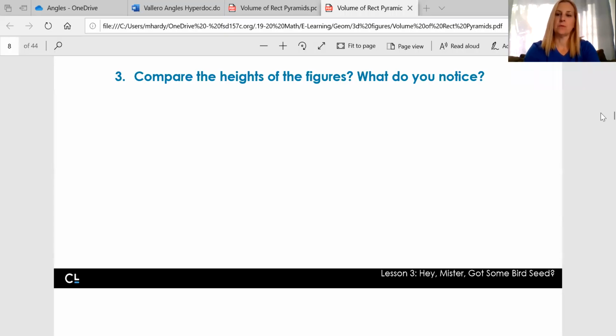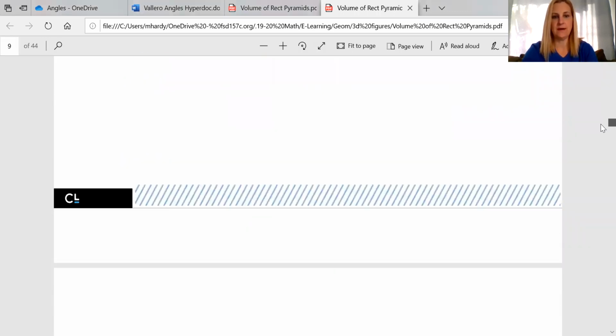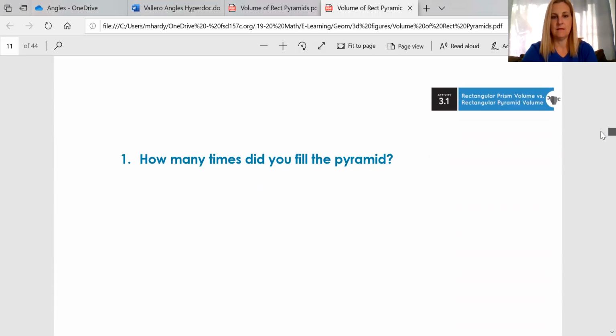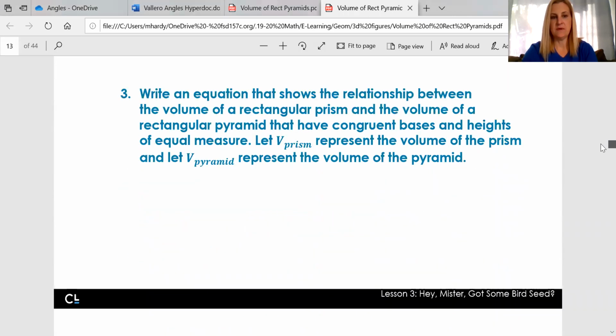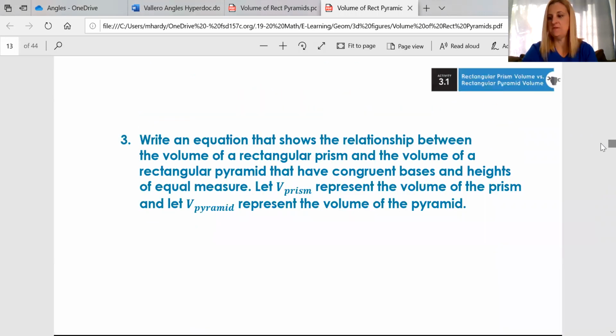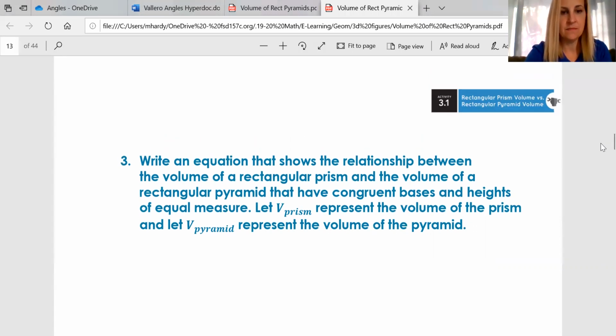This is our Carnegie text pages. Again, this is from the textbook. If I go to page 109, which is to write the equation, we can write the equation for this relationship.